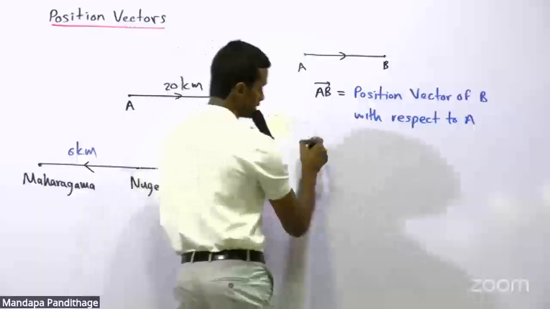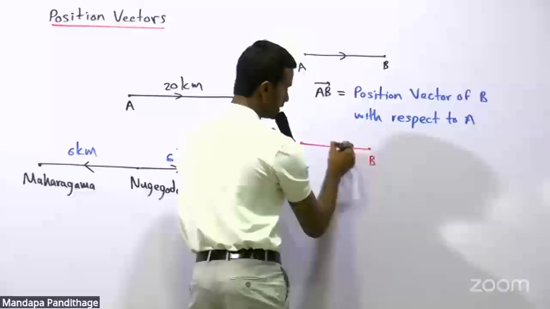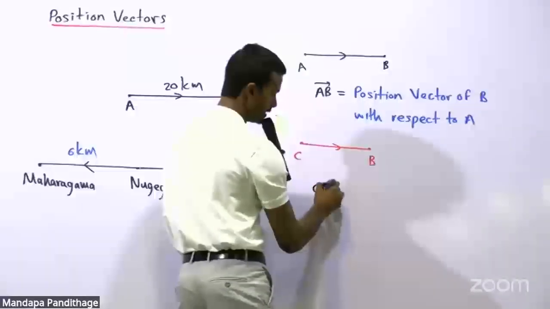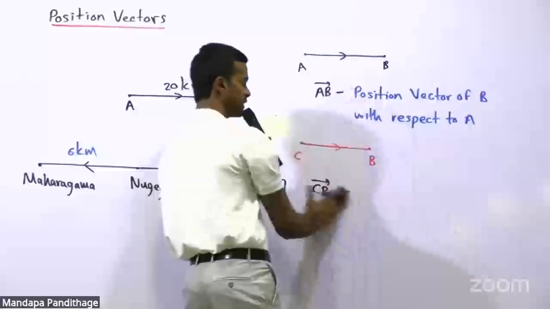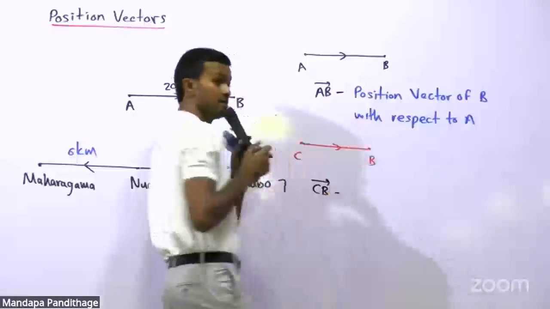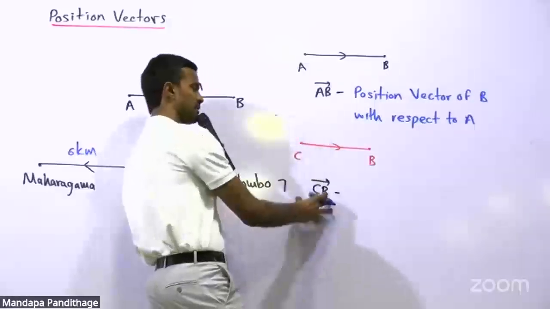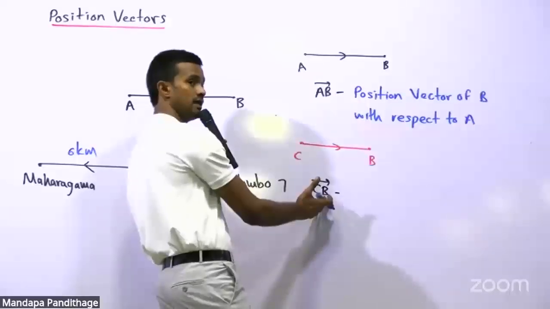So if I take another vector, here we got C and here we got B. You now tell me what can you say about vector CB? What is CB? Tell me, I'm not going to let you go if you don't say properly.